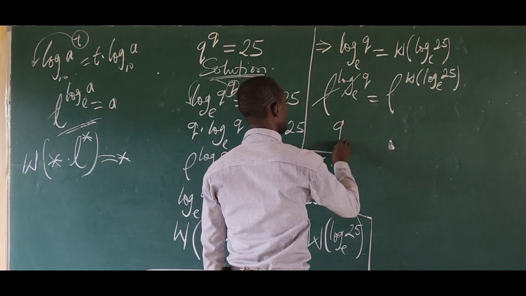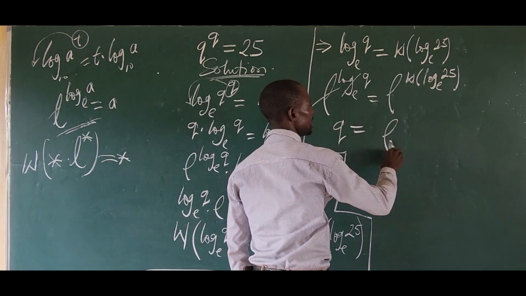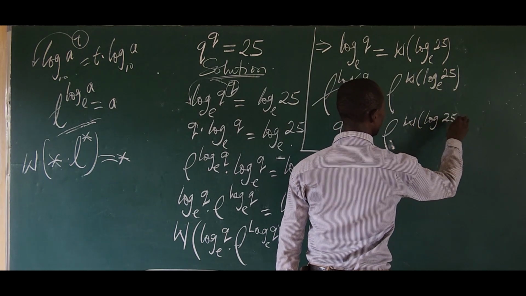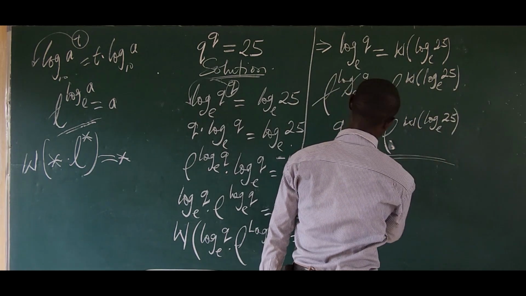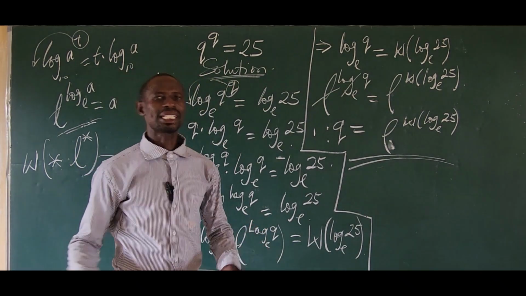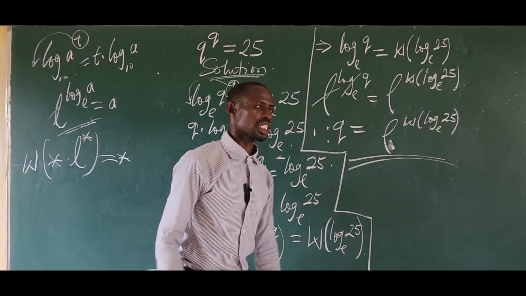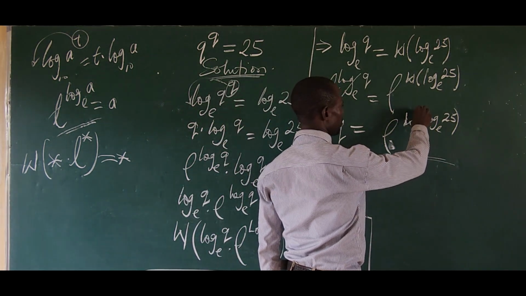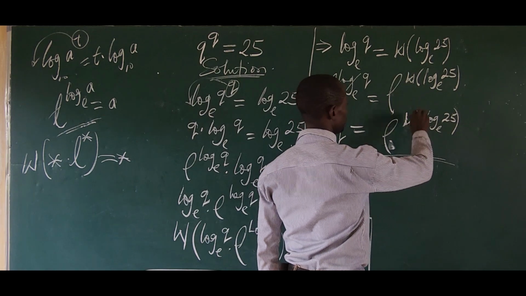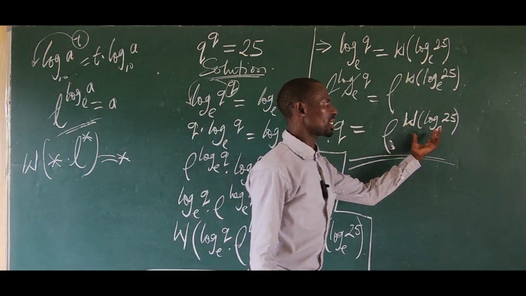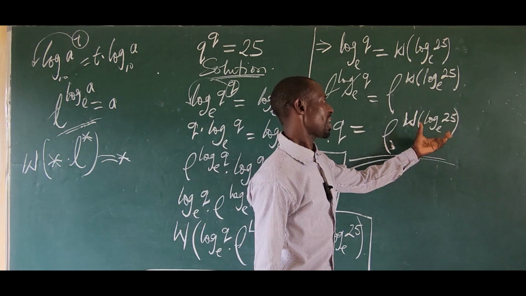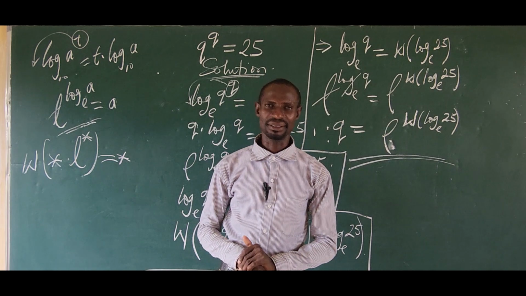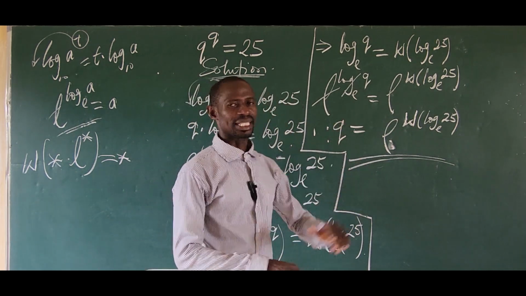So we are now left with q equal to e raised to W of log 25 base e. Wow, so this is the value of our q. The question is, how do we get our q? Get hold of a soft copy or the hard copy of your Wolfram Alpha calculator. Put this into the system, then whatever answer you have, punch e raised to the answer to give you a numerical value. So with that, you get the answer.